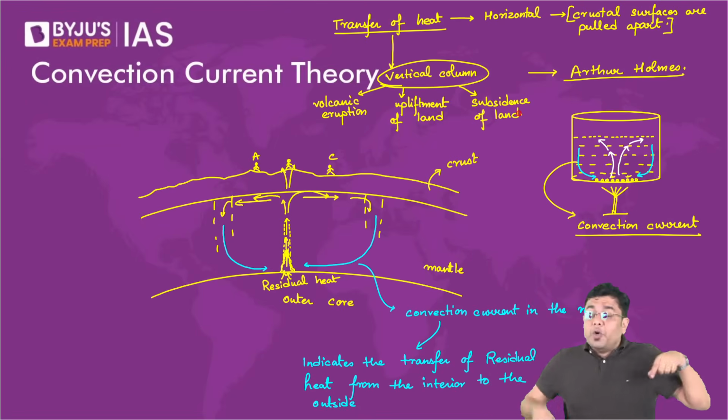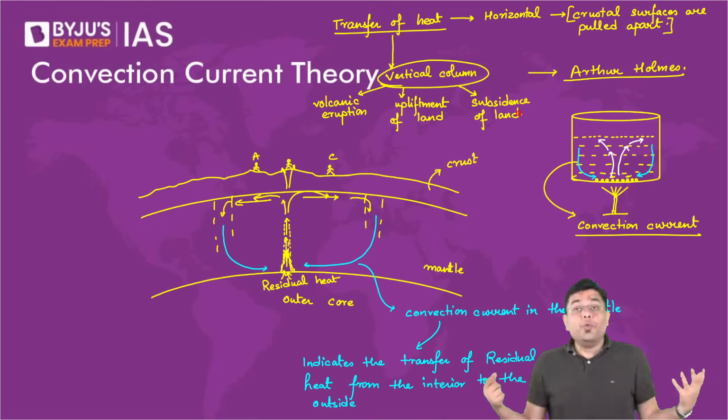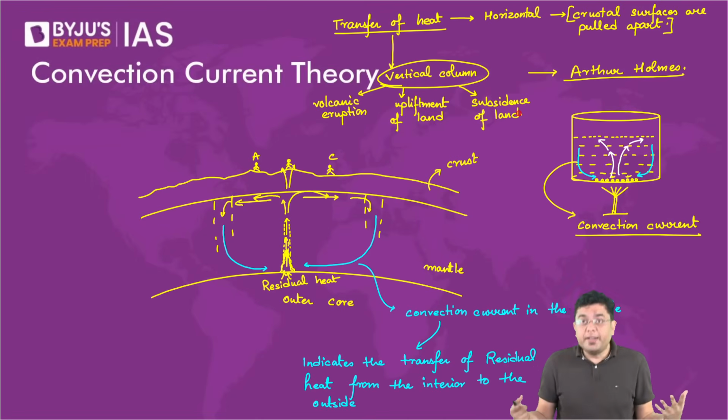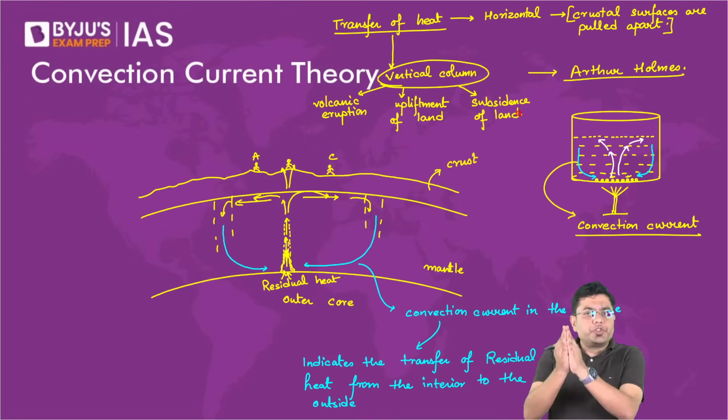And in fact, once you understand how that convection current operates and why that convection current is initiated in the first place, because of the residual heat which has been trapped in the interior. Now, that residual heat, when it is emitted, melts the portion of the mantle as it is traveling upwards.